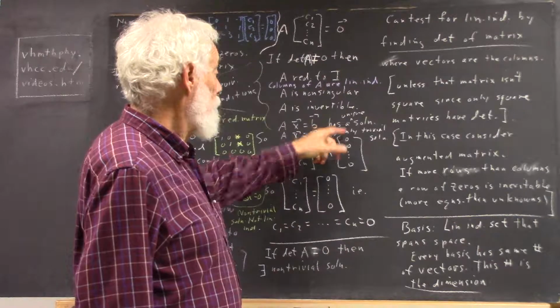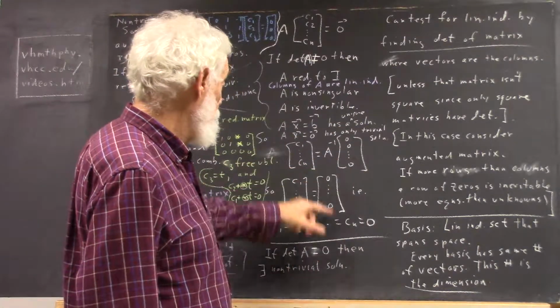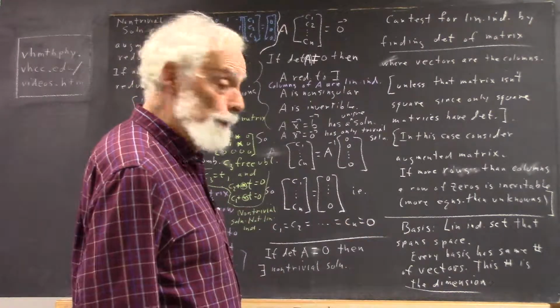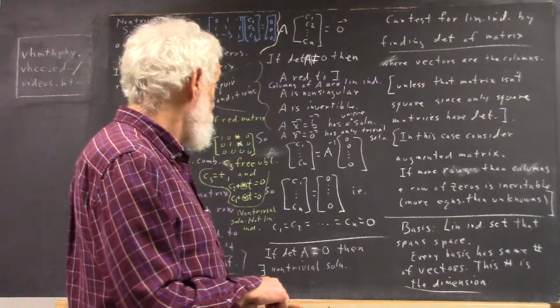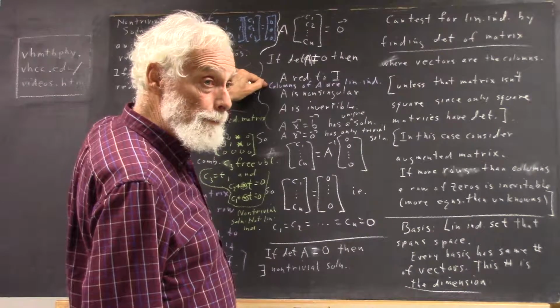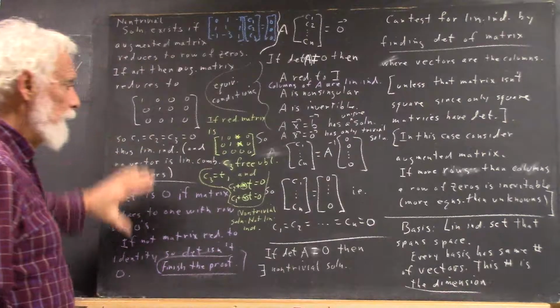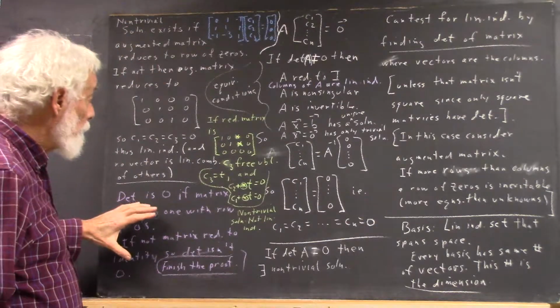Any matrix times a 0 vector gives you the 0 vector, so that means C1 through Cn are all 0. So what we've established is if the determinant of A is not 0, then all the columns are linearly independent. We've done that in just a couple of steps without having to go through all the details of these arguments, which are nevertheless very important to understand.